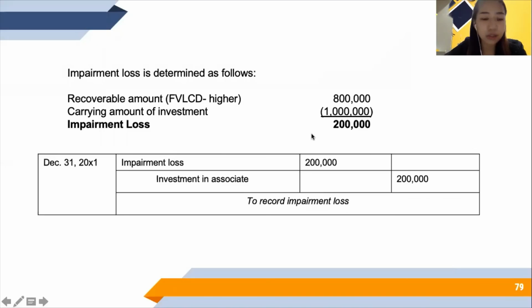So yung entry to record the impairment loss in December 31, 20X1: debit impairment loss 200,000, credit investment in associate 200,000. And that will be the end of my reporting.